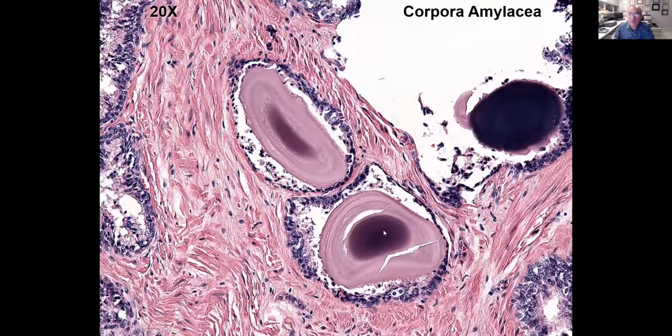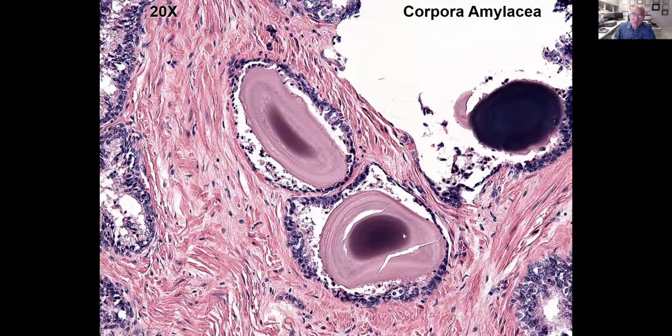And the famous corpora amylaceae, they are layering of secretions that are stuck inside the gland, and then through months and years are going to be producing this kind of small pearls of hard material that eventually are going to become like little stones inside the prostate.